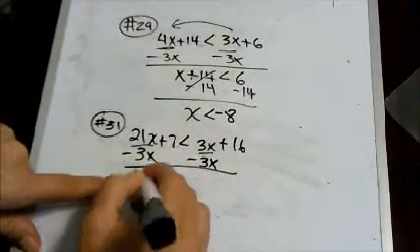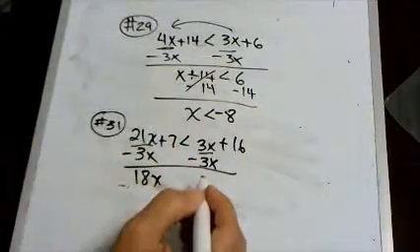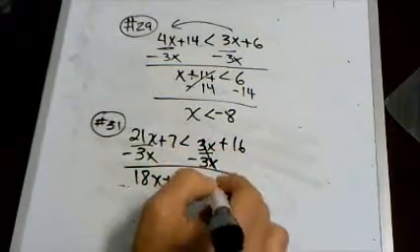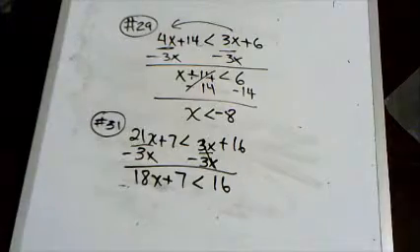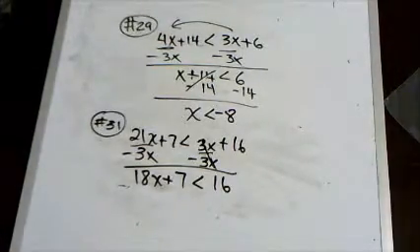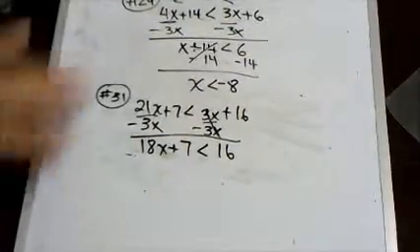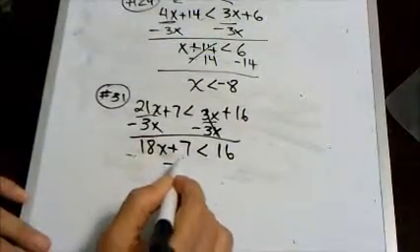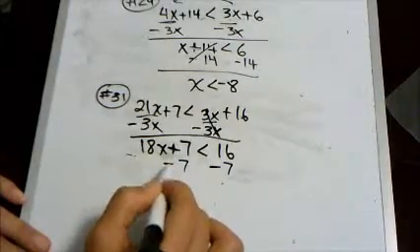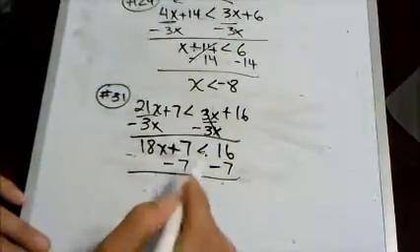21 minus 3, that leaves us with 18x. Plus 7, less than, these cancel out. 16. So far, so good. Now, what do we do? We take this 7 off of there. This is a plus, so we have to do the opposite, which is a minus 7.